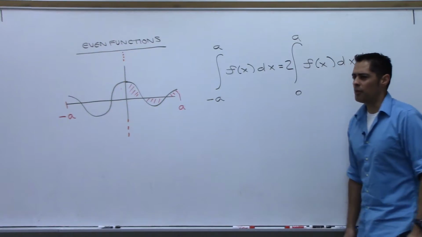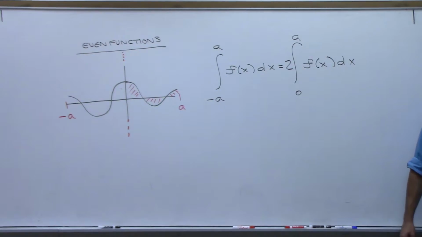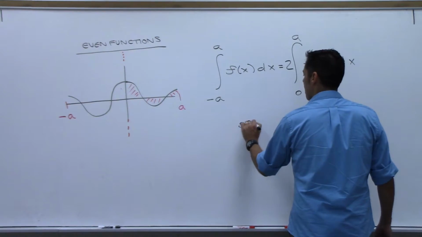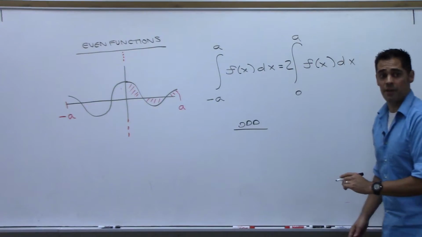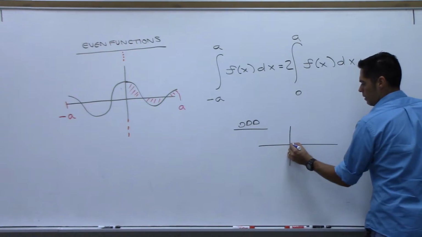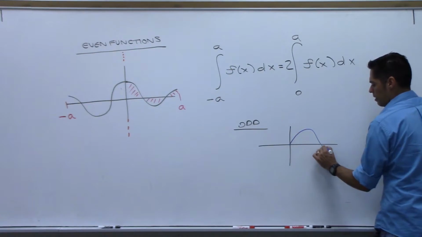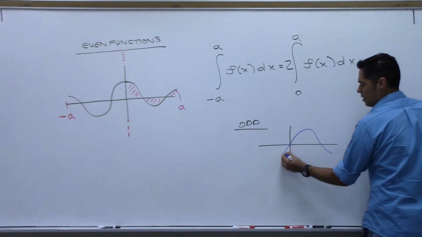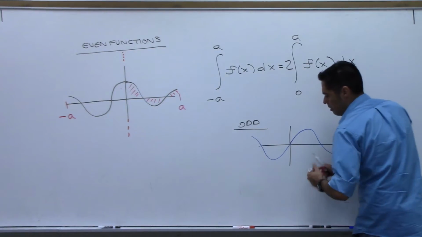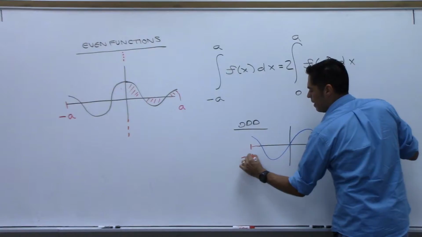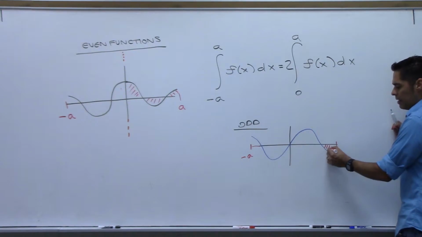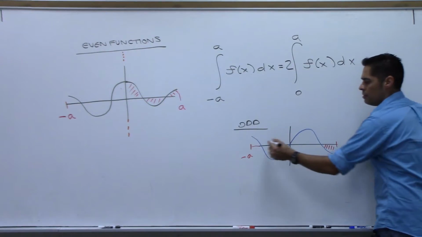How do you think this works for odd functions? What does an odd function look like? Sine is odd. Y'all agree sine is an odd function? Okay, so let me draw sine. If I went from negative a to positive a, this area over here is negative, but on the other side it's positive.